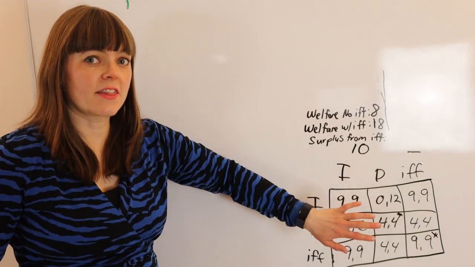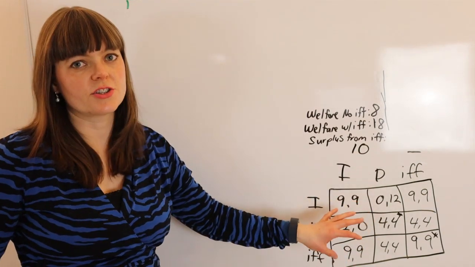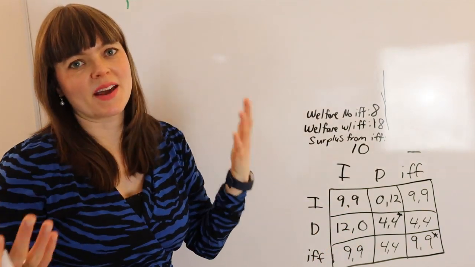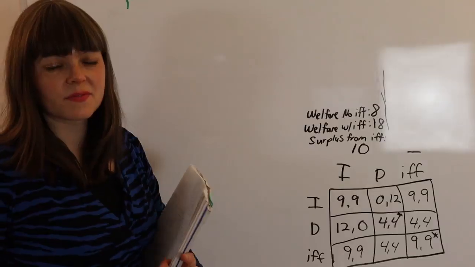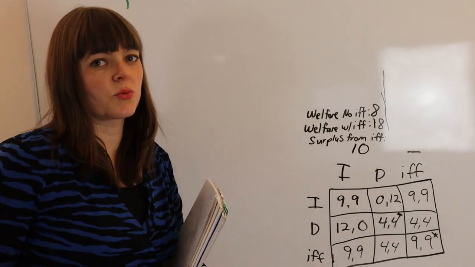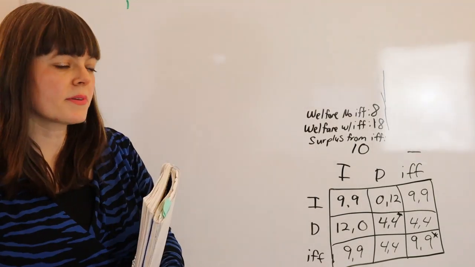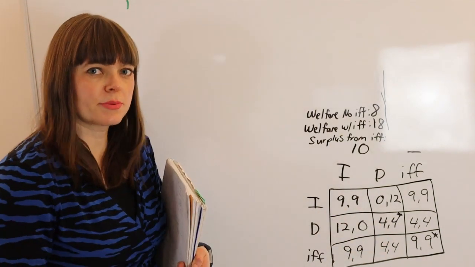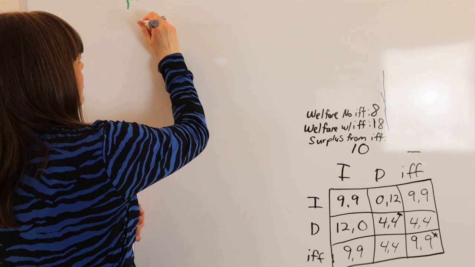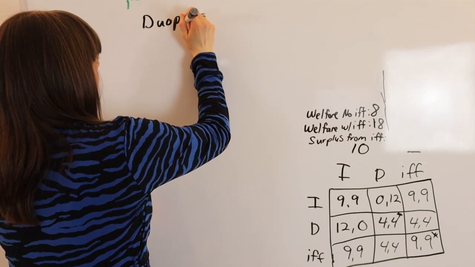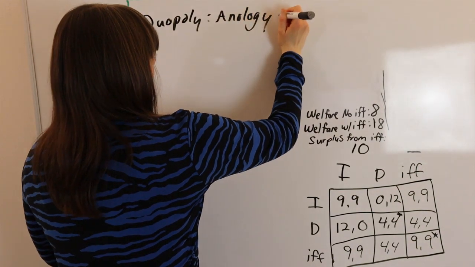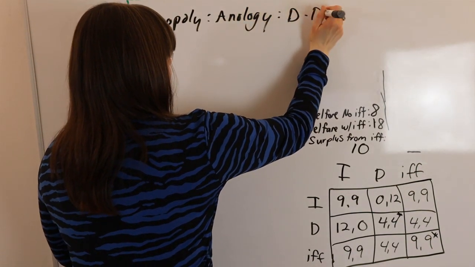We're going to try to take this scenario and turn it into a model version where we have demand equations and things like that. So the first thing we'll model will be the duopoly. And the duopoly will be analogous to the case where the Nash equilibrium is here and neither player invests. So let's start out, we've got a duopoly, and the analogy of don't invest, don't invest.